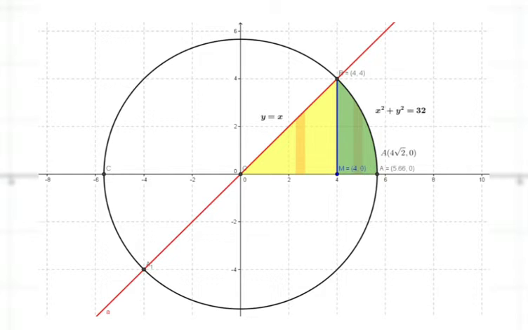Now to find out the areas of the two regions, let us first start with the equation of the line. So the equation of the line is given as y equal to x. Here the power of x and the power of y are equal to 1. Therefore, definitely this equation is an equation of a line.